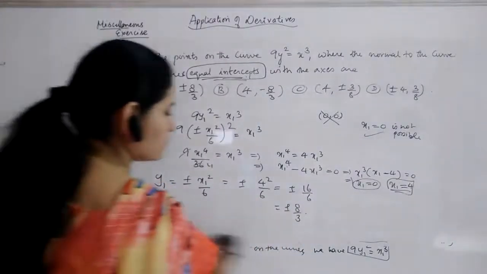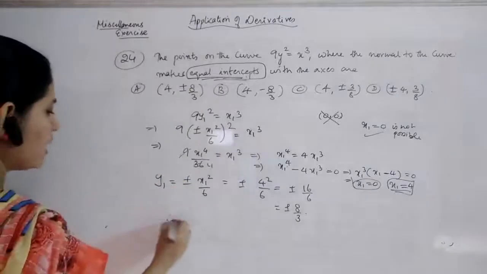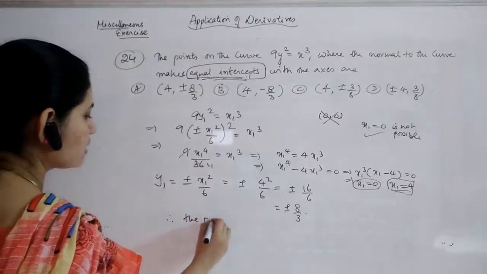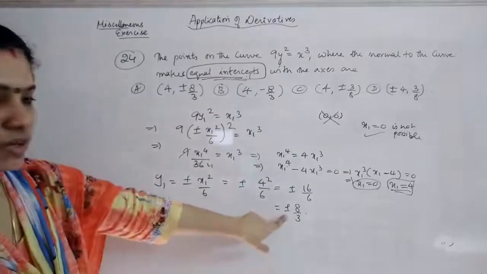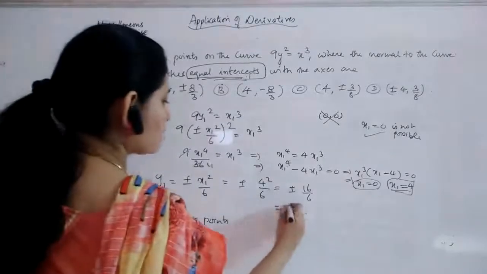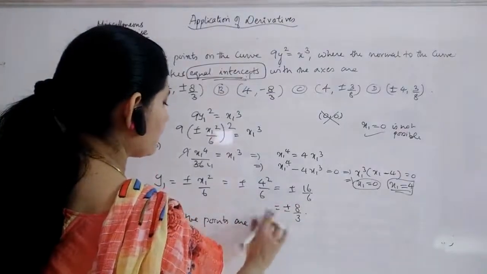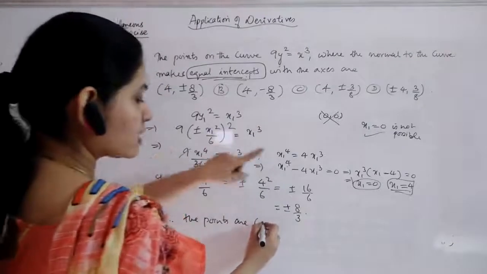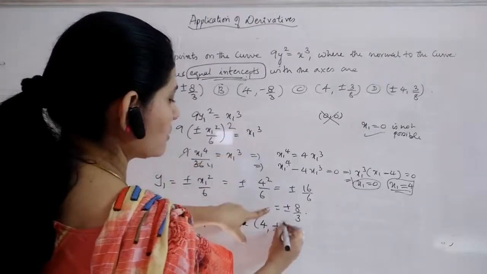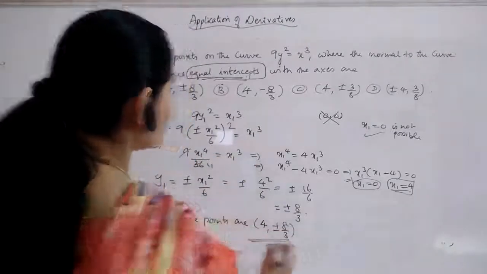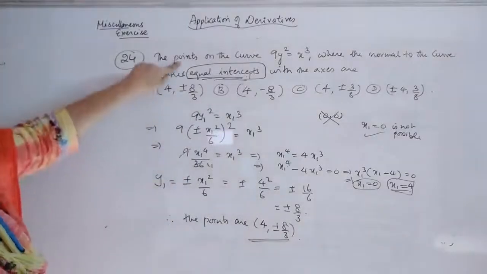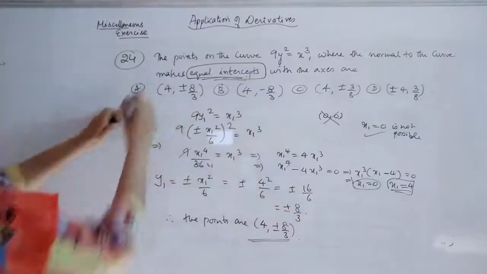Therefore the point, what you have taken as the point x1, y1, you will get 2 because you have plus or minus here. What is the value of x1? 4. What is y1? Plus or minus 8 by 3. So you are getting 2 values, that's why the points are. Again here the option is A.